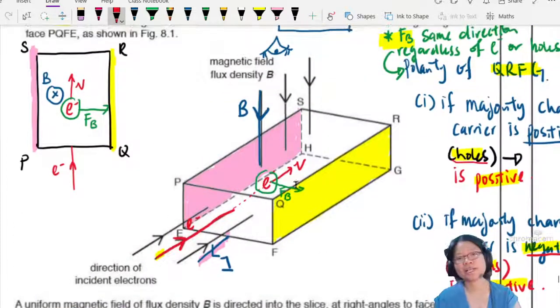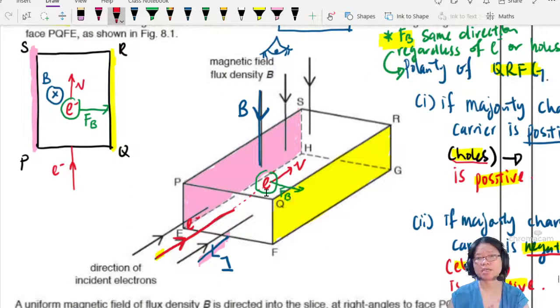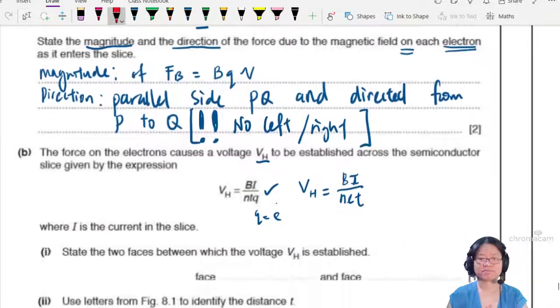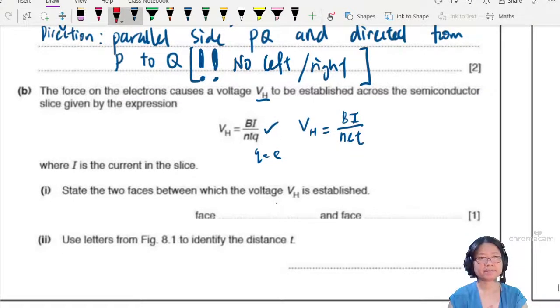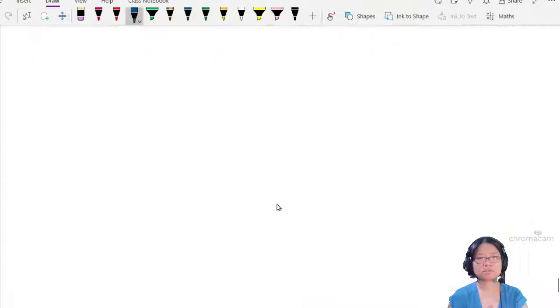I've already highlighted the phases, the pink and the yellow one. So QRFG and PS, I tend to go clockwise because my maths teacher taught me that. PSHE, QRGF. So I'm going to go QRGF and PS.